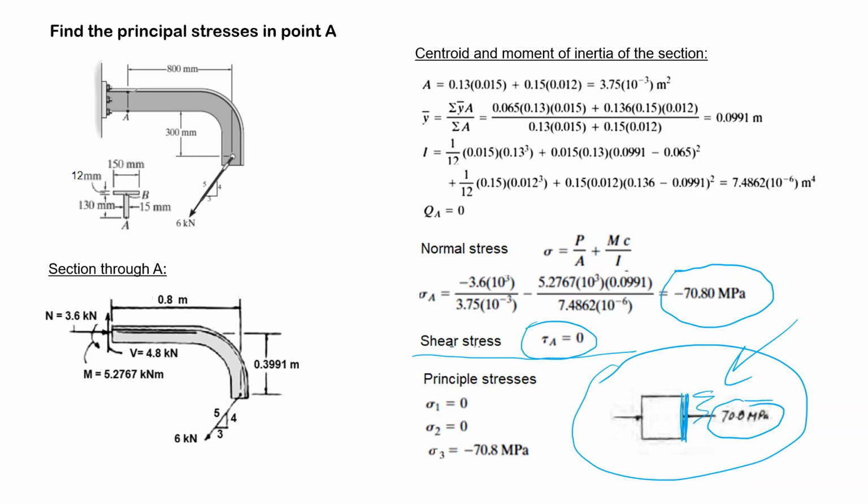Because on this surface there is no shear stress, and principal stresses are acting on surfaces where the shear stress is 0. So my minus 70 is the principal stress. The other one in this direction is 0. And there is a third principal stress, which is perpendicular to the plane of the screen, which is also 0. Minus 70 is the smallest one, and the others are sigma 1, 2, and 3.